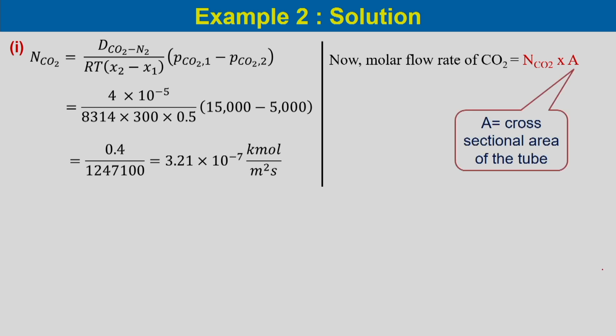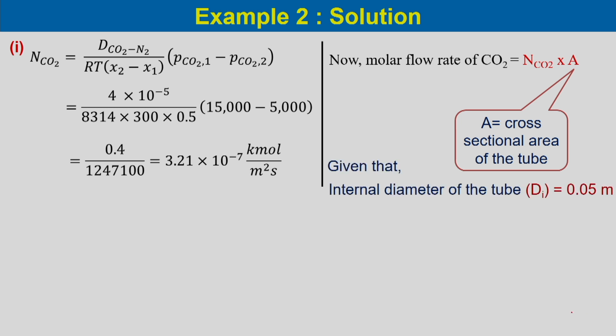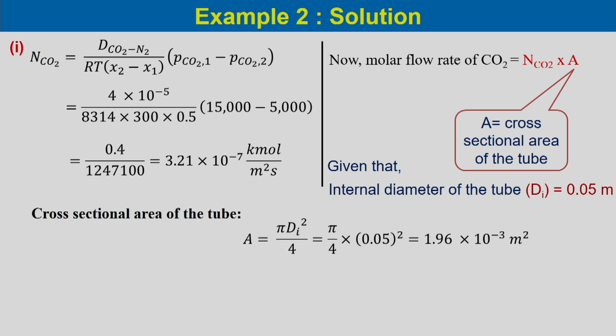A is the cross sectional area of the tube. So, given that the internal diameter of the tube, di, is 0.05 meter, the cross sectional area of the tube A is equal to pi di square by 4, which is equal to pi by 4 into 0.05 square, which is equal to 1.96 into 10 to the power minus 3 meter square.